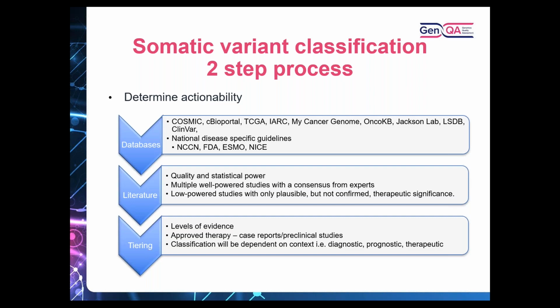If a biomarker has been recorded in the literature in multiple well-powered studies with a consensus from experts in the field, then that can be used as stronger evidence than literature from low-powered studies where there's only plausible but not confirmed therapeutic evidence. So the levels of evidence are then used to see what the classification could be, and the levels of evidence range anywhere from whether something is an approved therapy or whether there are just one-off case reports or preclinical studies. That's the range that we see.